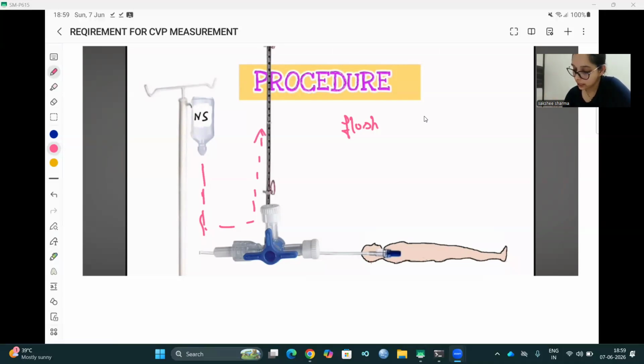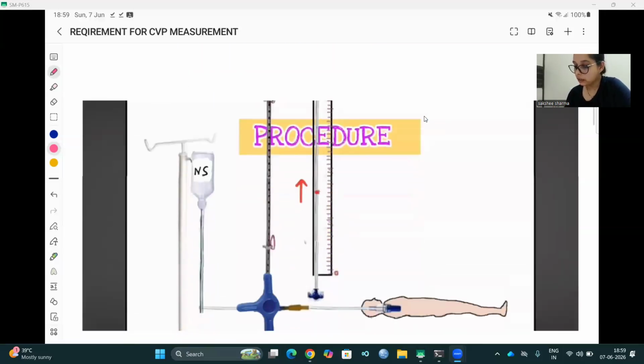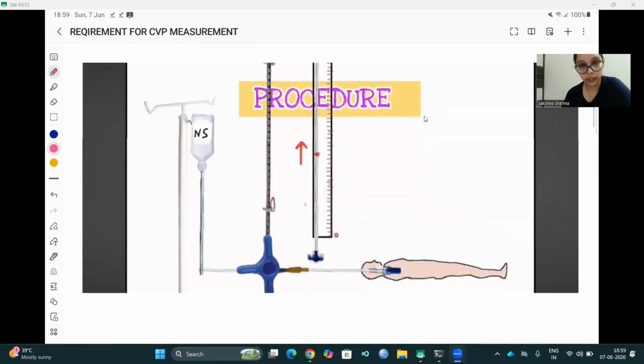You will start seeing the NS level rising here. Okay. And you have to let it rise for at least 20 centimeters. We have a red dot here in the manometer.